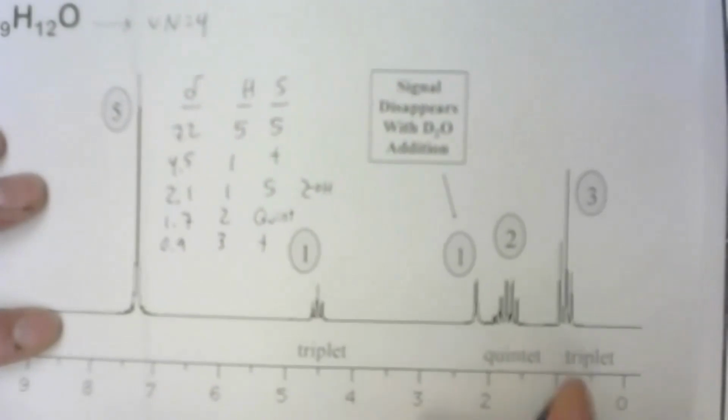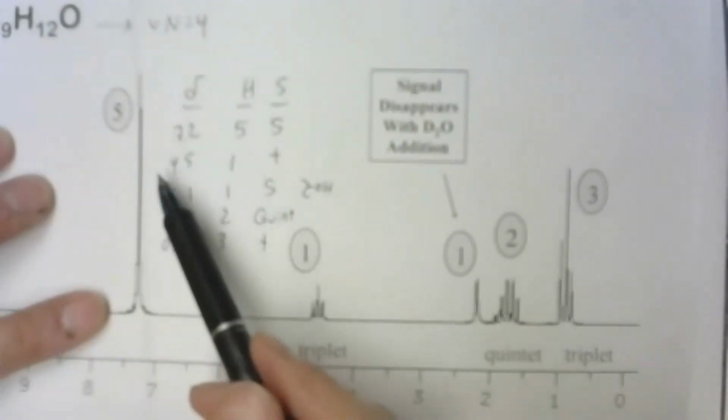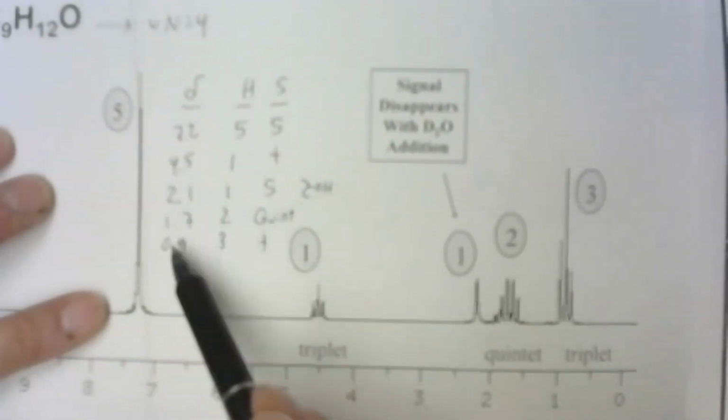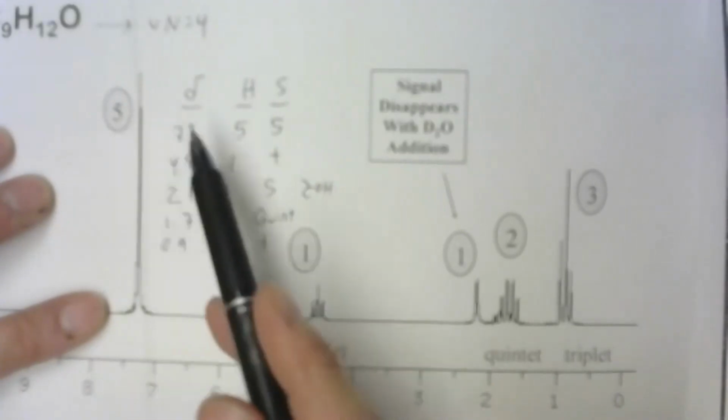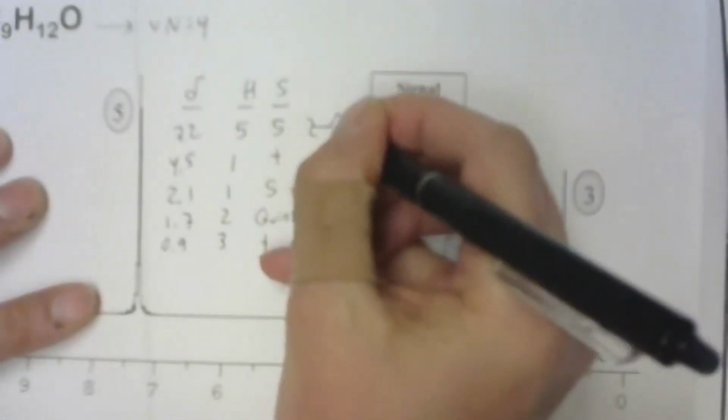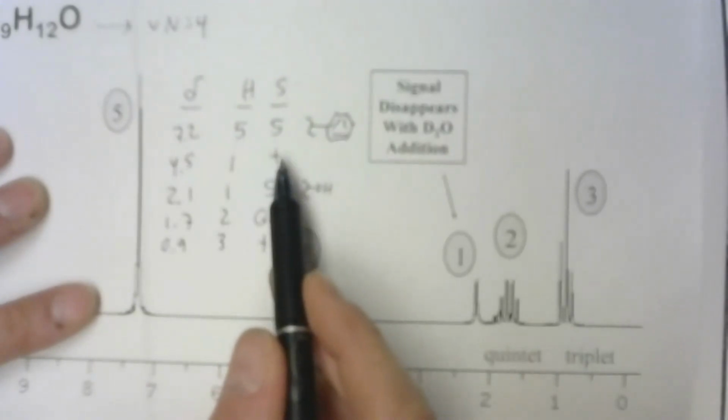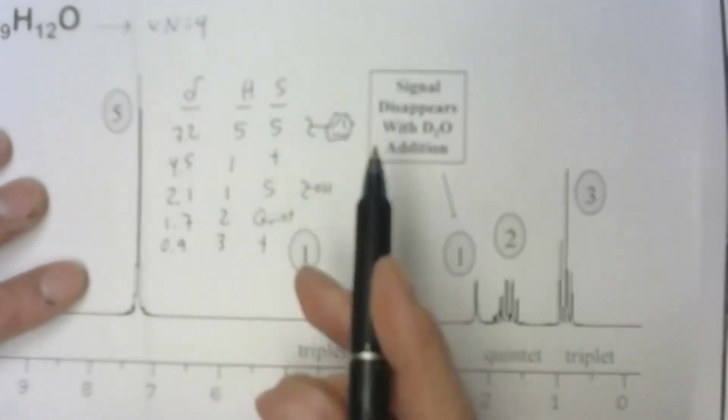Let's make our little chart. 5 protons in benzene. Is it monosubstituted, disubstituted, trisubstituted? 5 protons, so it's a mono. Benzene with 1. And then this looks like a CH here.